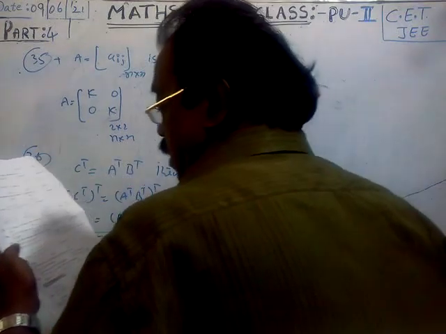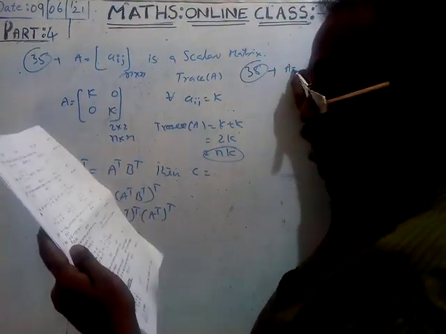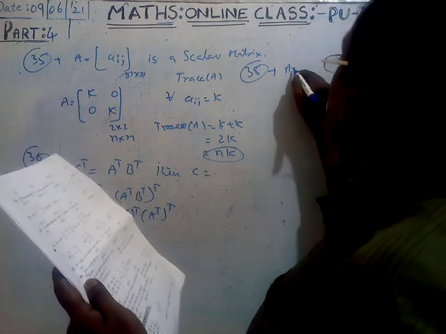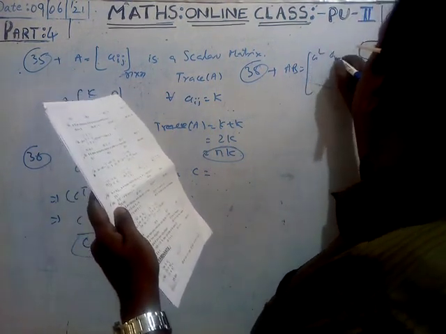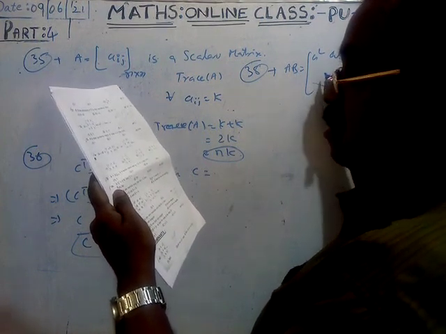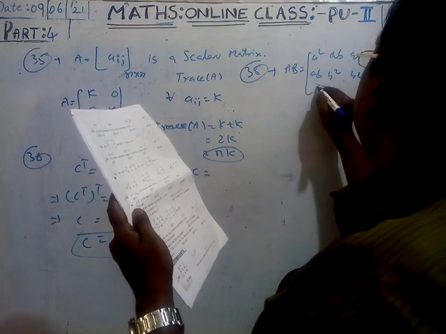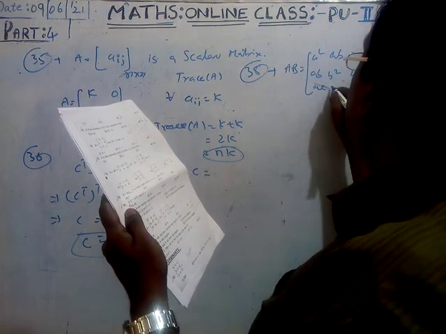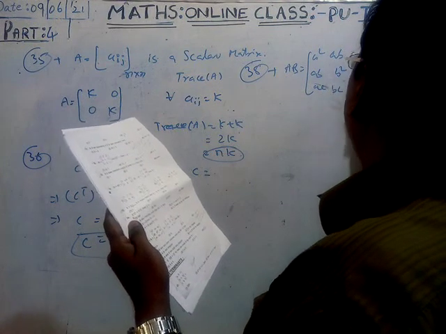38 is, observe me, capital A is equal to, we are given A, B, C, directly I am writing. It is A square, AB, AC; AB, B square, BC; AC, BC, C square. Okay?